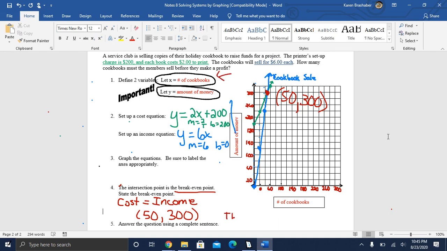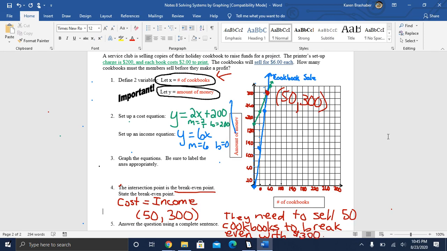So they need to sell 50 cookbooks to break even with $300. Your Y represented the amount of money.